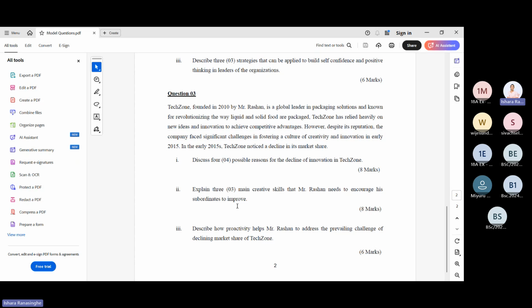Describe how proactivity helps Mr. Rashan to address the prevailing challenge of declining market share of Texon. In order to provide the answer for this question, you need to revisit chapter number 2. Proactivity and taking initiatives. Right?